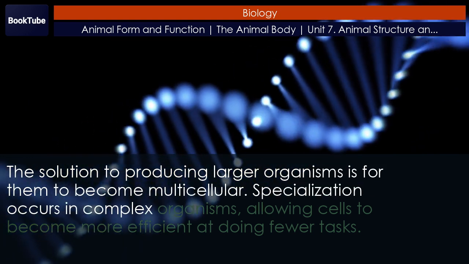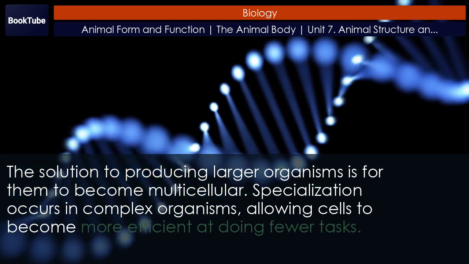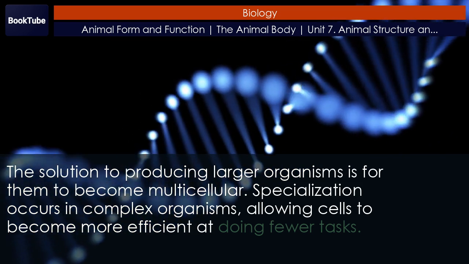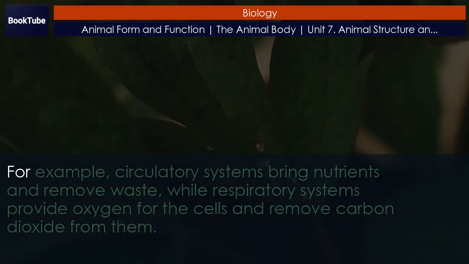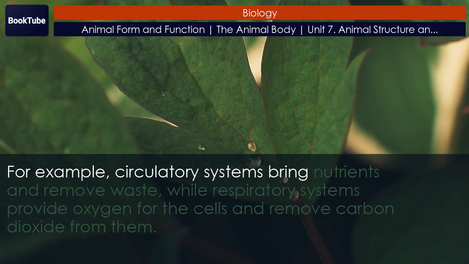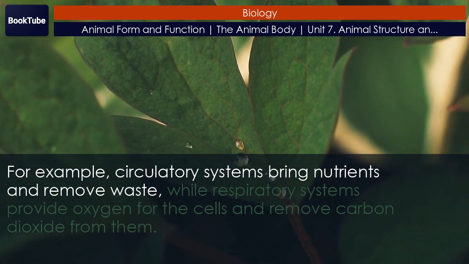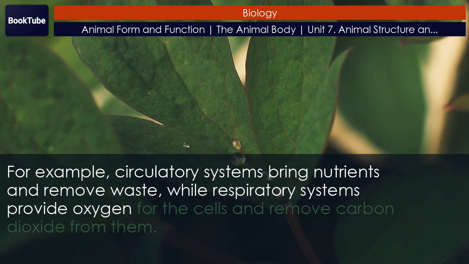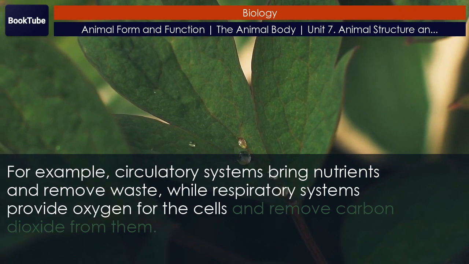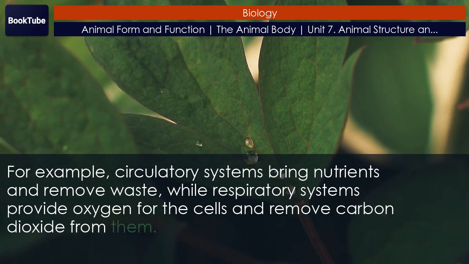Specialization occurs in complex organisms, allowing cells to become more efficient at doing fewer tasks. For example, circulatory systems bring nutrients and remove waste, while respiratory systems provide oxygen for the cells and remove carbon dioxide from them.